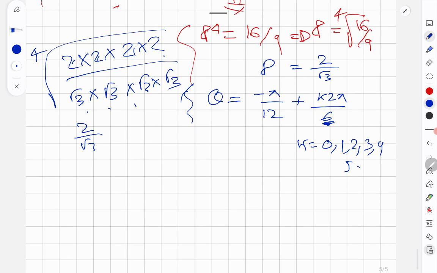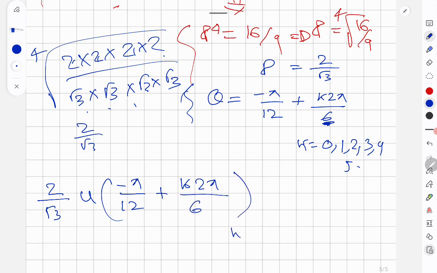So now you have this one: 2 over root 3 u^(minus pi by 12 plus k 2 pi upon 6), and the value of k must be 0, 1, 2, 3, 4, 5.